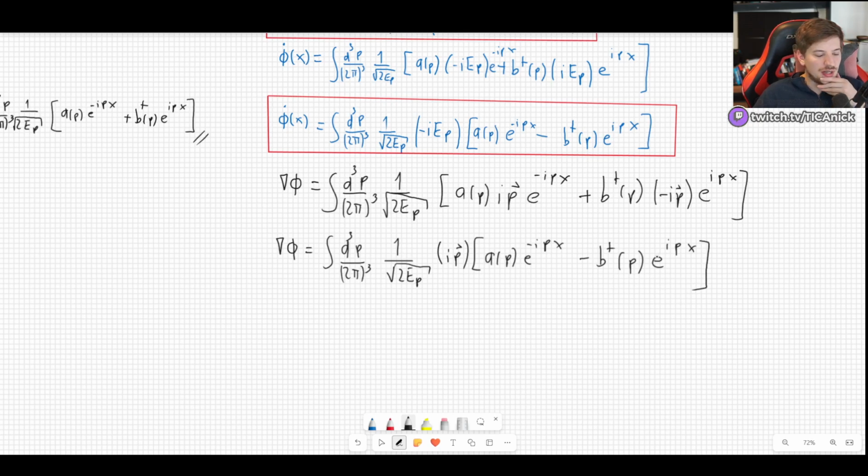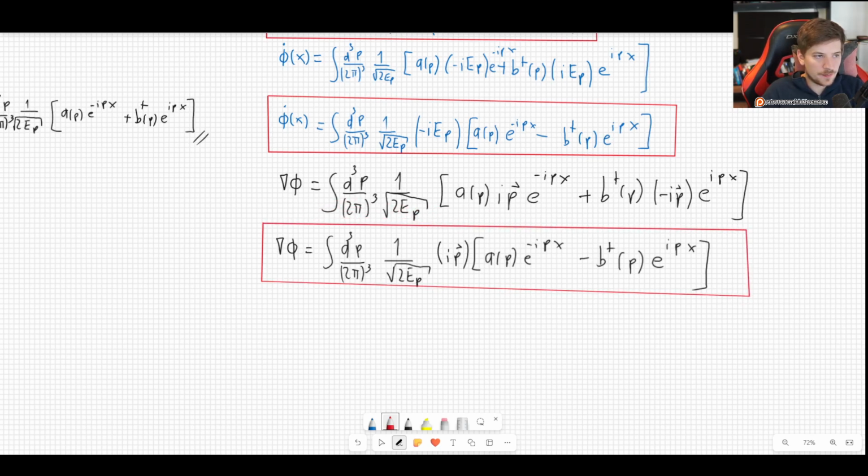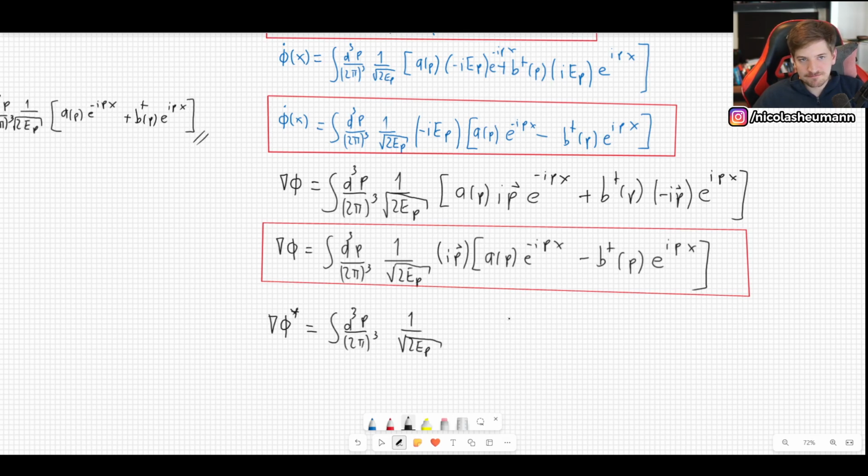Okay, so now maybe first let's put this in a red box so that we don't forget about it. And now let's calculate the spatial derivative of the phi conjugate. Now, we could just take this time the conjugate of what we have here. It might be easiest, so let's do that. That's the same thing, which doesn't change, right? And we could have done this in the previous part as well, but I just like to show you how to do things in every possible way.